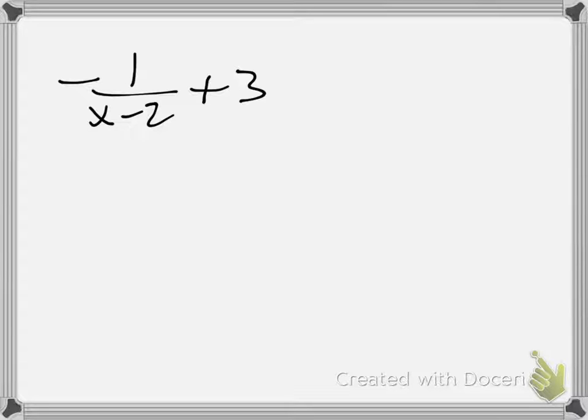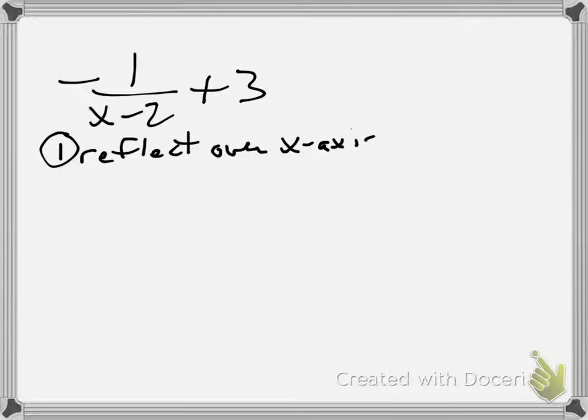Now, here's what happens. I want you to take a look at something. There are 3 things that are happening. First, the negative sign, we are reflecting over the x-axis. That takes care of the negative. Second, we shift 2 to the right.